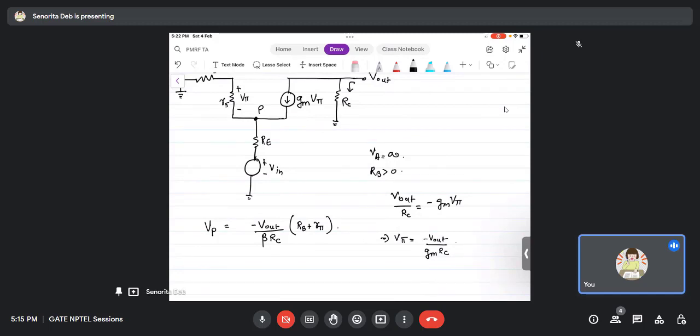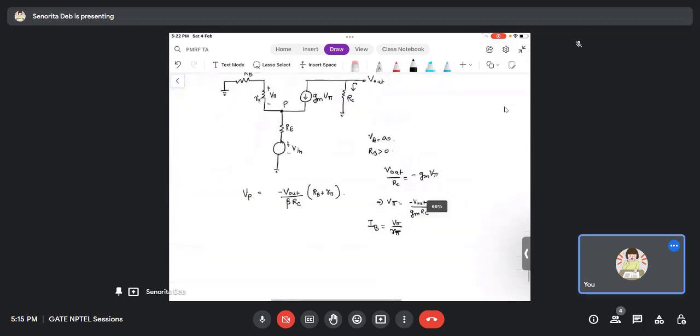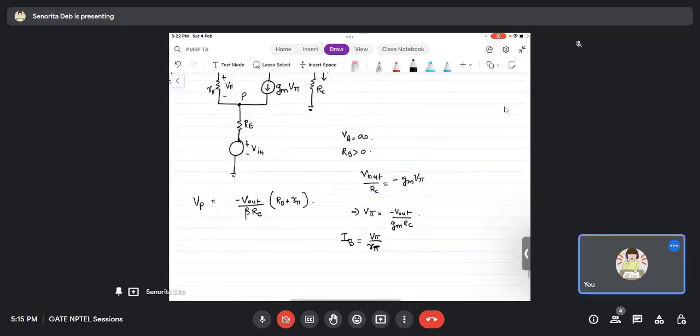So the current flowing through R pi and RB, let me say IB, is nothing but equal to V pi by R pi. So V pi is equal to minus V out by GM RC, and therefore IB is equal to minus V out by beta RC.